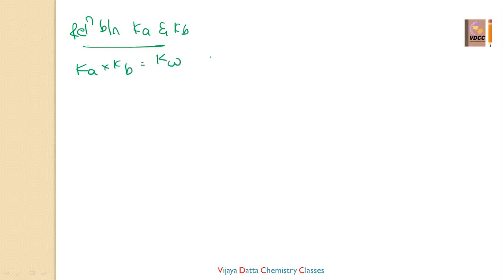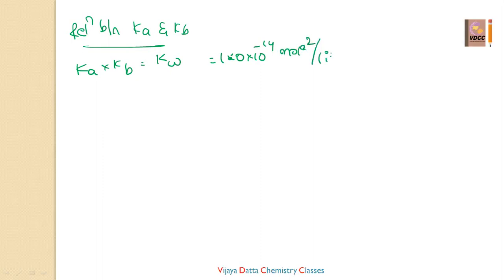Here we also have some relations between Ka and Kb. The relation between Ka and Kb involves the ionic product of water, Kw, which is 1.0 into 10 to the power of minus 14 mole square per liter square.